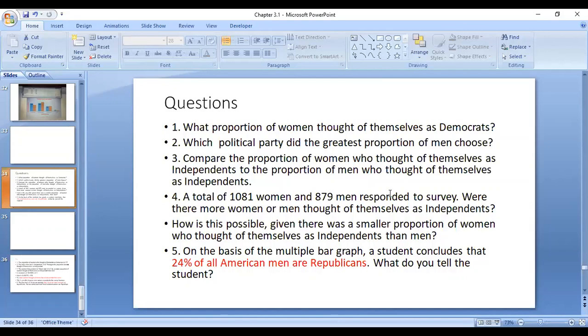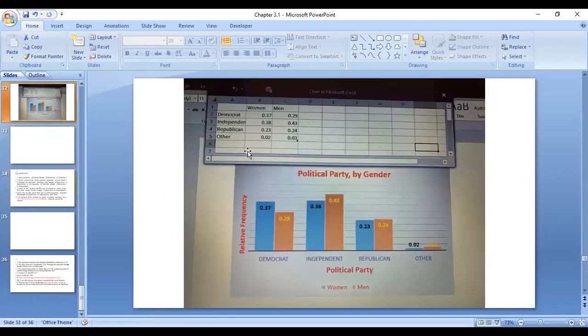And now you find how many independent women and men. You look on the graph here. Independent, the women are 0.38. But we have 1,081 women here.